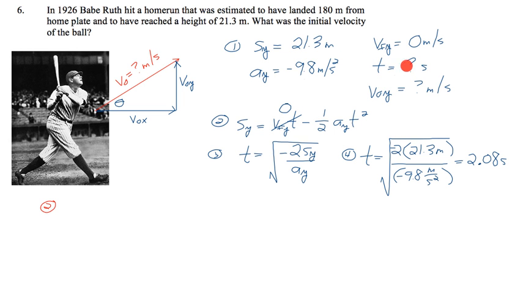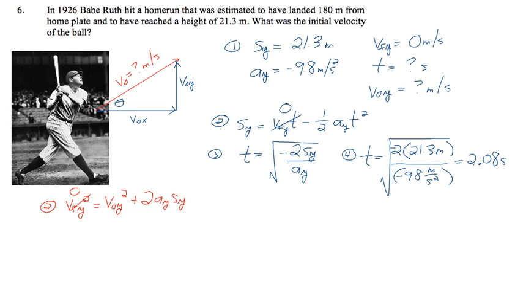So the only equation that doesn't have the time, VFY squared equals VOY squared plus 2 AY SY. So that's the equation I'd use. And VFY is 0, so that cancels out.